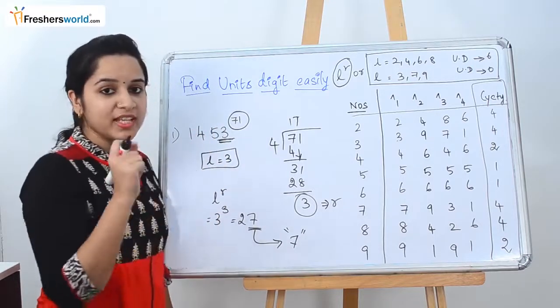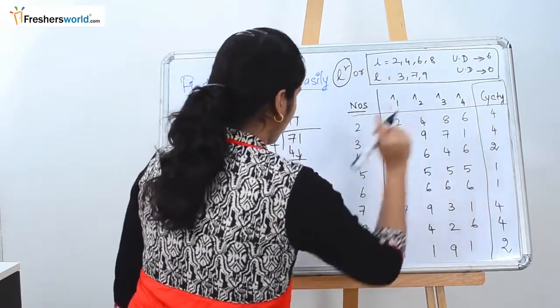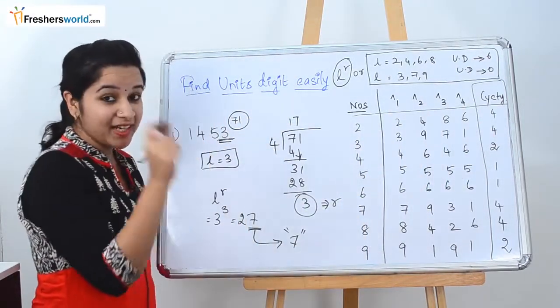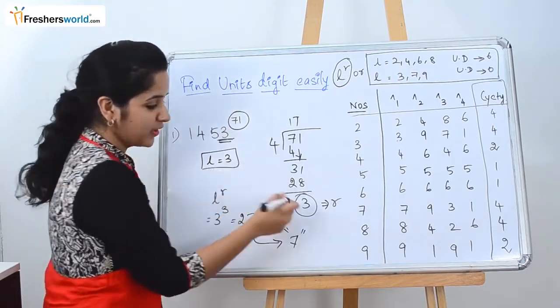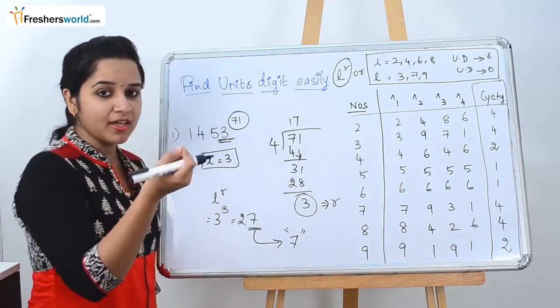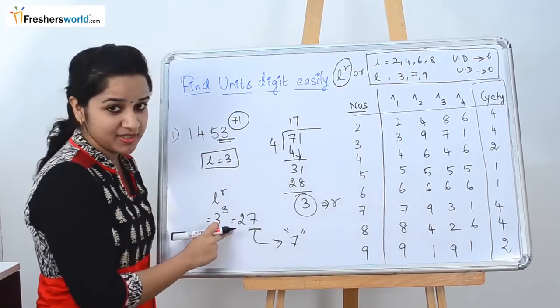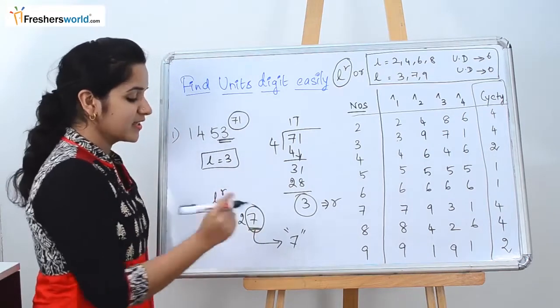Then you should know the cyclicity of that number, which for 3 is 4. Use that number to divide the power. 71 divided by 4, the remainder is 3. So you know L, you know R. L power R is 3 power 3, which is 27. They are asking for the units digit, so the units digit is 7.